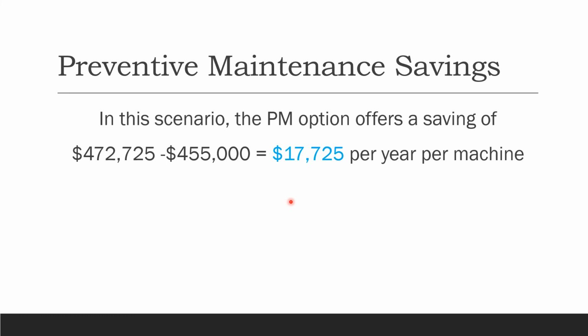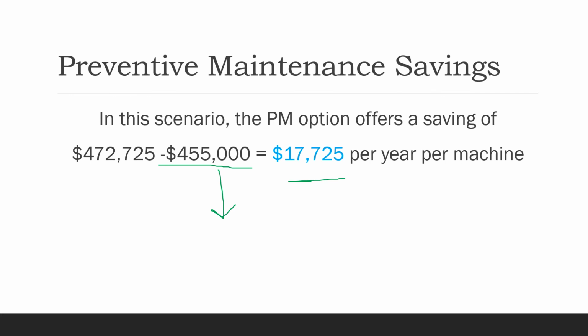Alright, so the last one is a conclusion. So in this scenario, in this problem, the preventive maintenance option offers a saving of $472,725 minus $455,000. So this is the maximum, okay, with the worst case scenario.